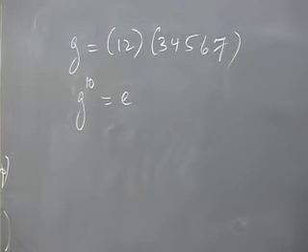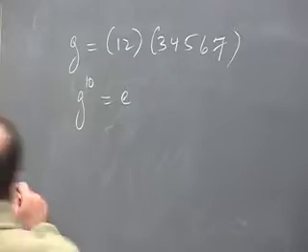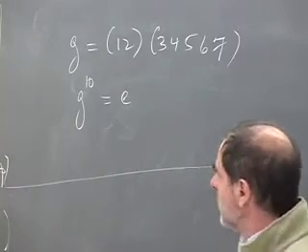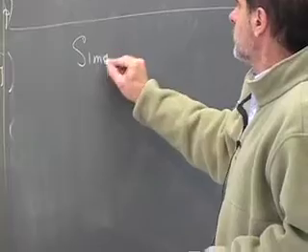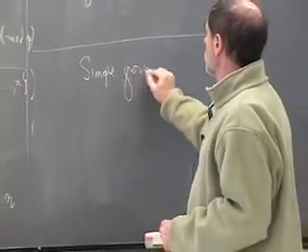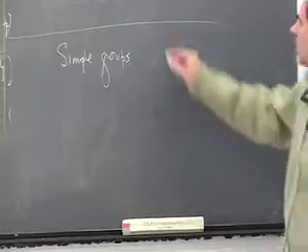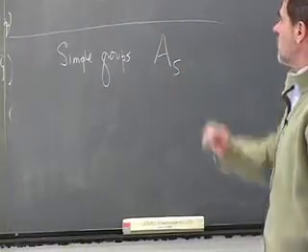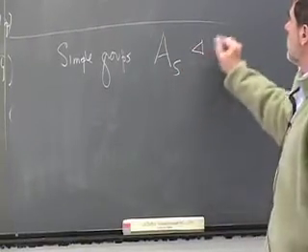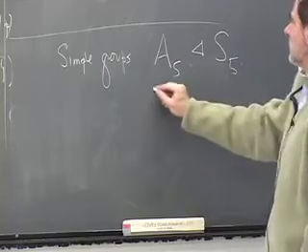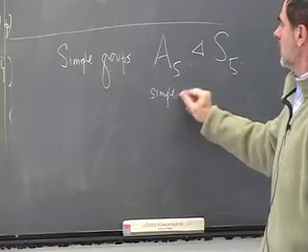And I should say we did one other thing with groups, namely we identified various simple groups. So those are ones with no non-trivial normal subgroups. So we made a big effort to show that the group A5, which is a normal subgroup of the symmetric group, is simple of order 60.